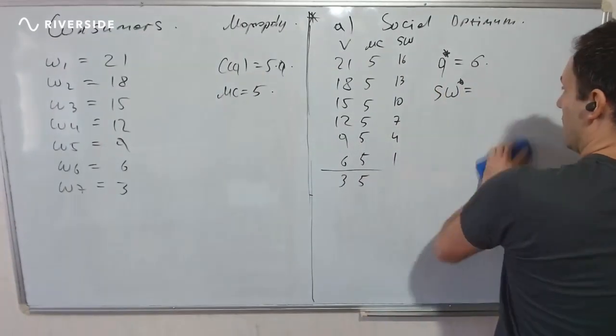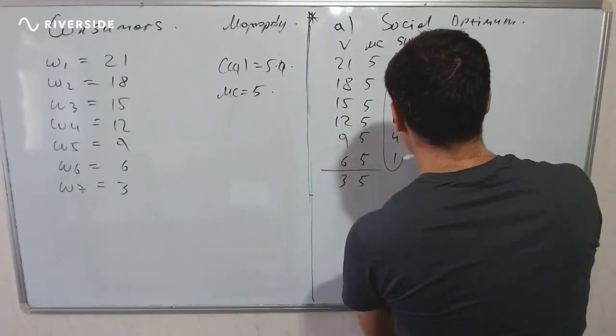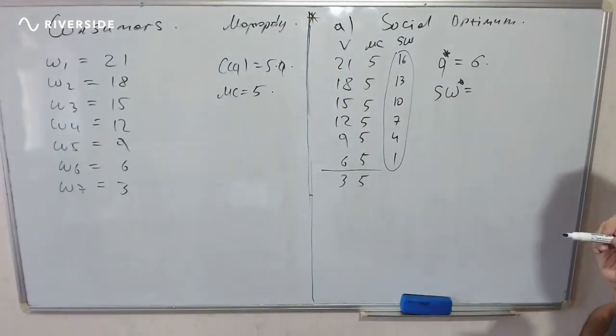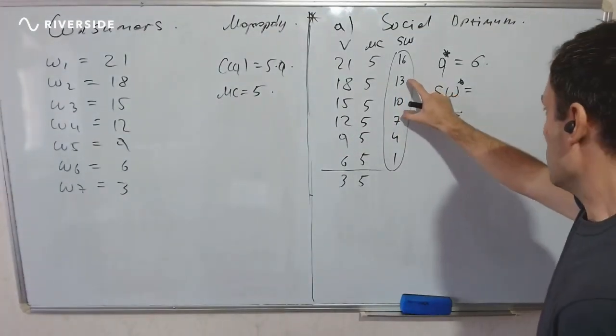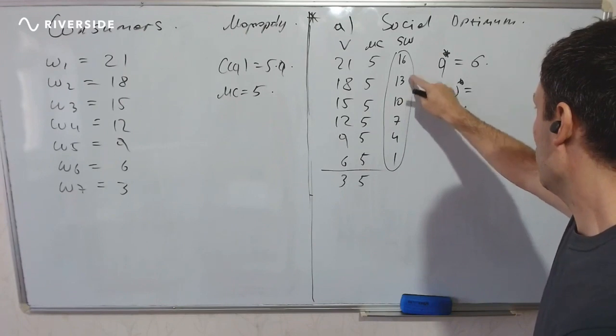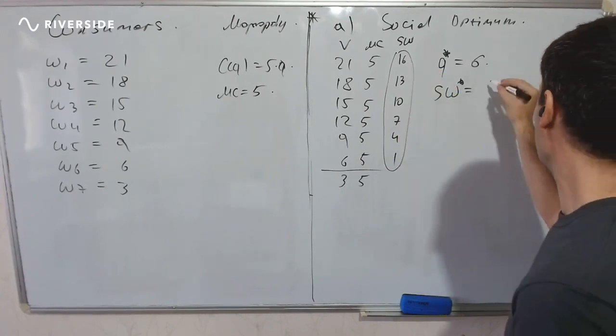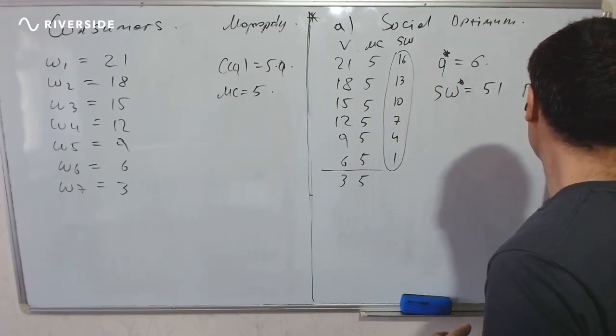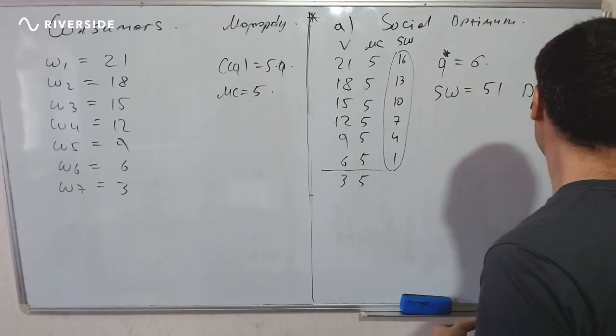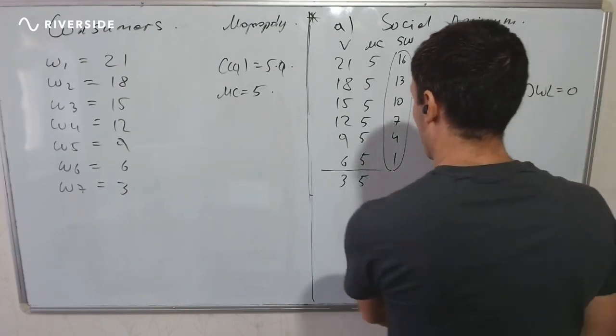So the total social welfare will be just the sum of all these numbers: 20, 30, 46, 51. And there is no deadweight loss here because it's the social optimum.